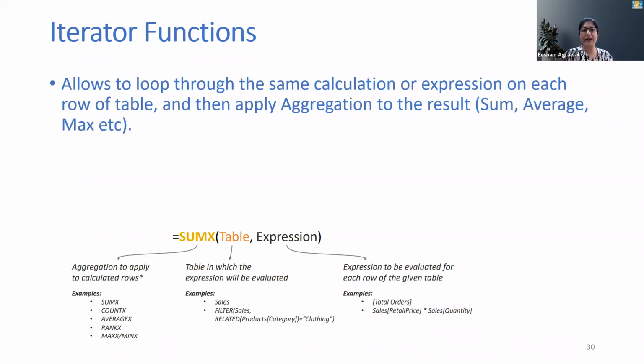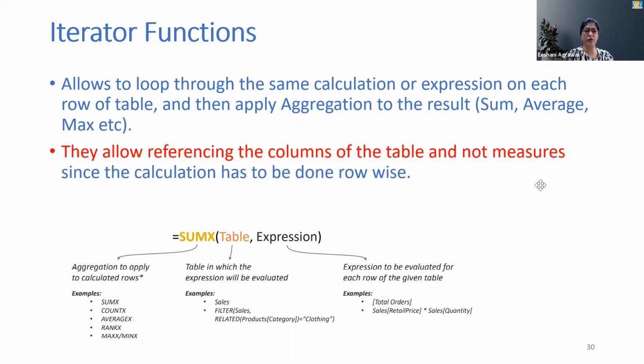So anytime that kind of work is there, we are going to use our iterator functions. They allow us to loop through the same calculation or expression on each row of the table. It's going to multiply, or whatever the expression is, then take the next one, add on to the other one, and so on and so forth, and get the output.